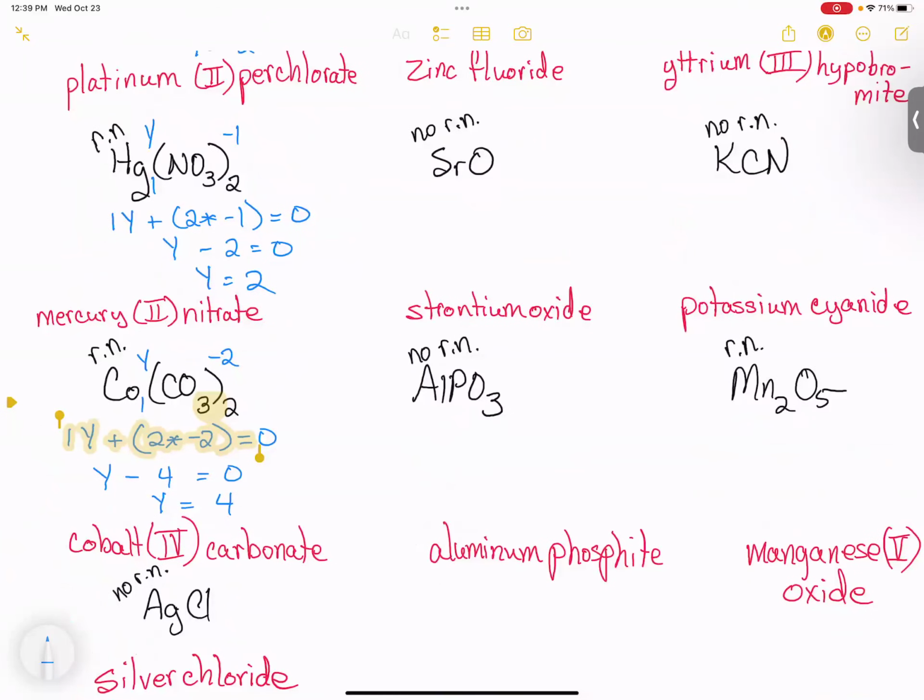The manganese, Y, because I don't know what its charge is, and oxygen is a -2. 2 times Y plus 5 times the -2 is equal to 0, or 2Y minus 10 equals 0, 2Y equals 10, so Y equals 5.